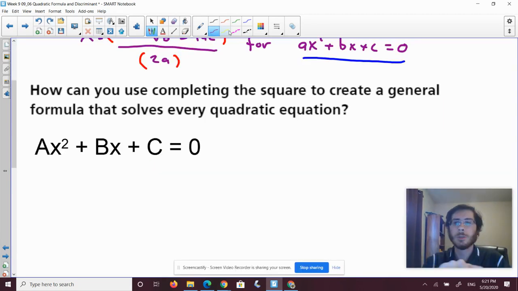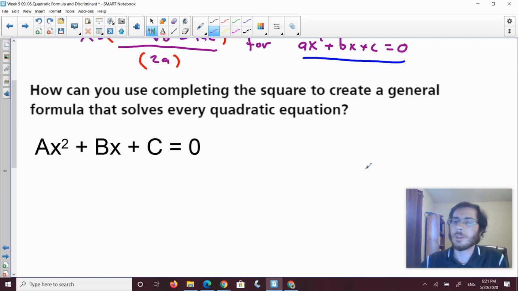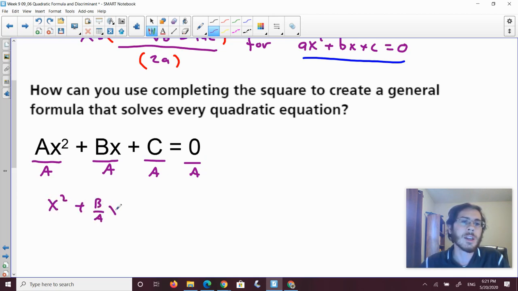Okay, so what we're going to do is we're going to derive it, like I said. So we've got our general equation over here, so we're going to solve it just like we did with the last section. So we know that in order to start completing the square, the first thing we got to do is make sure x squared is totally by itself. So you have to divide everything by a. So we get x squared plus b over a x plus c over a equals 0.